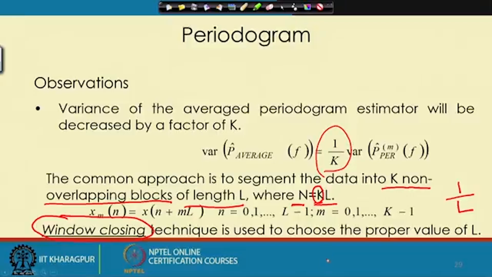But we do not want the prominent peaks in the PSD to merge together so that the PSD looks somewhat different. We want to preserve the frequency resolution, and at the same time we want it to get smooth, or the variance to come down.